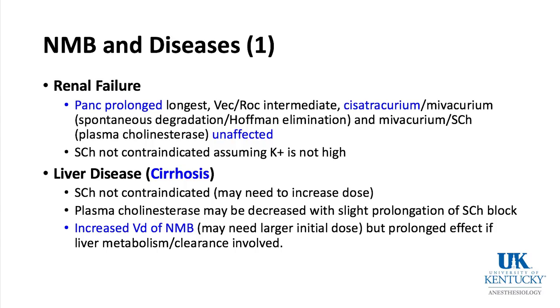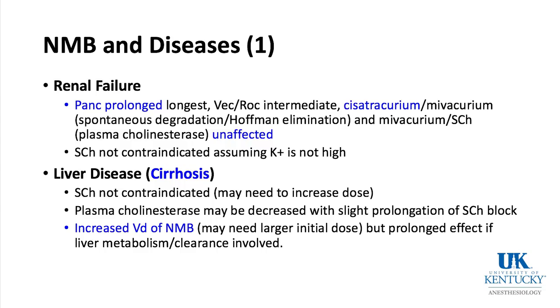The volume of distribution of neuromuscular blocking agents is increased, and a larger initial dose of either sux or a non-depolarizer may be needed to get the initial effect, but once you give it, it may hang around for longer because liver metabolism and clearance is not as good.